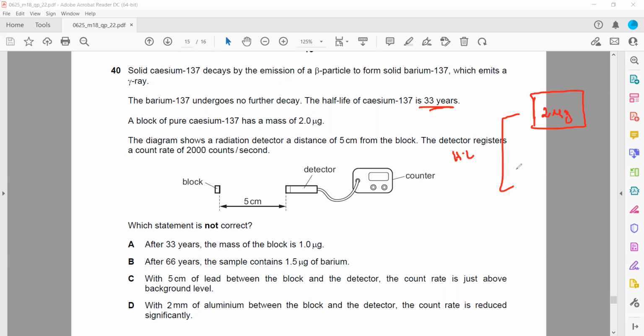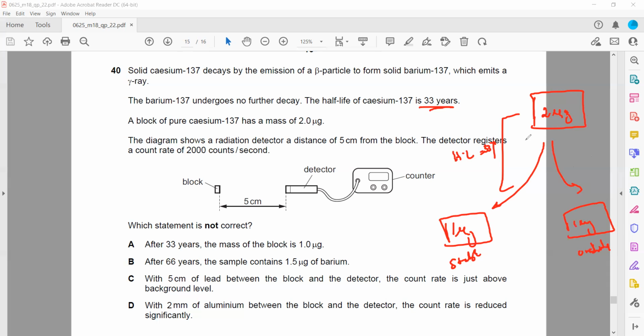So after 33 years, out of 2 microgram, 1 microgram will be stable, does not emit out radiation, and 1 microgram will be unstable. But the total mass does not change. If originally the total mass is 2 microgram, finally the total mass will be 2 microgram.